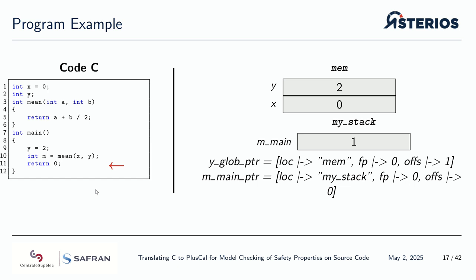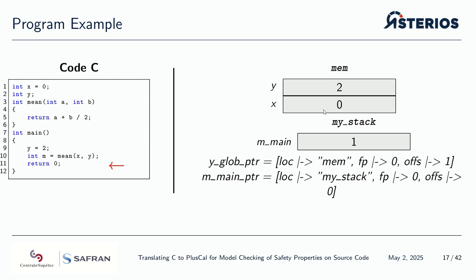If I take back the example that I showed you, for example, we would represent the y value as this, the y global pointer, global because it is a global variable. Its location here is mem because it is stored in the mem stack. Its frame pointer is 0 because in the mem stack we don't have any function, so we don't use the frame pointer value.